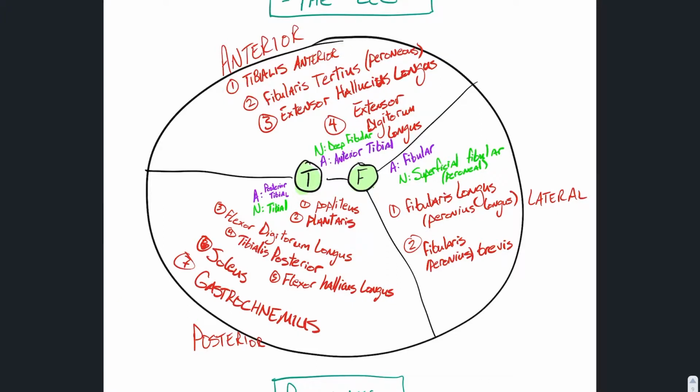So that is a full review. I hope this helps. This is the leg about midway between the knee and the ankle, and we're looking at the right leg.